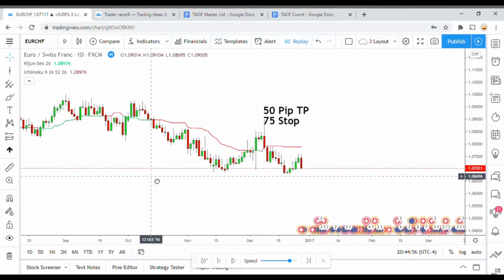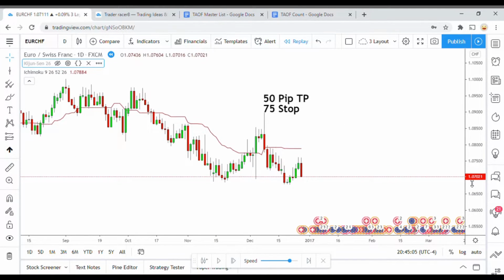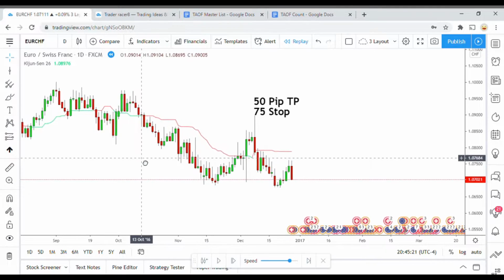If we were to close out of all of those and turn off the Kaijensen indicator that we just had on screen, now you can see that the Kaijensen indicator and the Kaijensen baseline are identical.